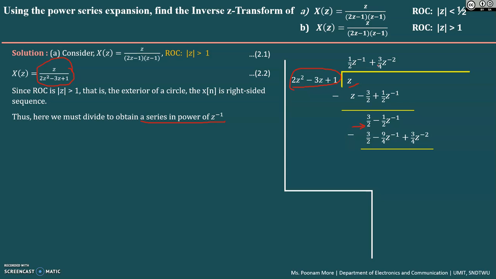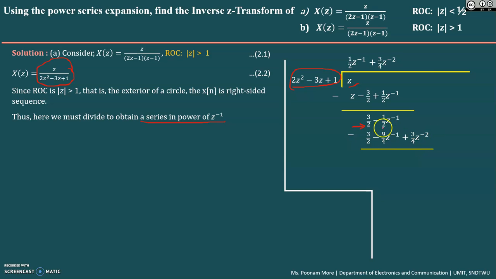Then the next term will be obtained by multiplying minus 3z with 3 by 4 z to the minus 2. That will be nothing but minus 9 by 4 into z raised to minus 2. Similarly, the last term will be obtained by multiplying 3 by 4 z to the minus 2 with 1, and we get 3 by 4 into z raised to minus 2.